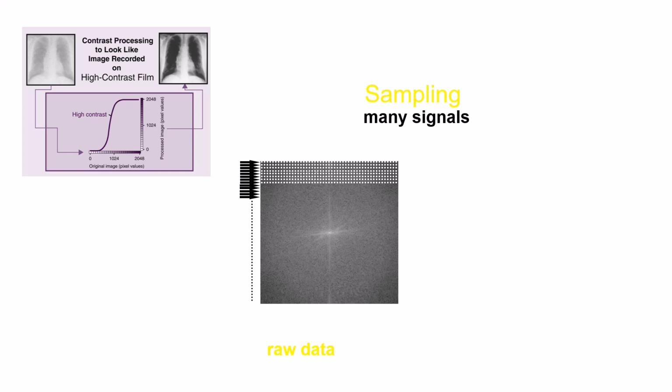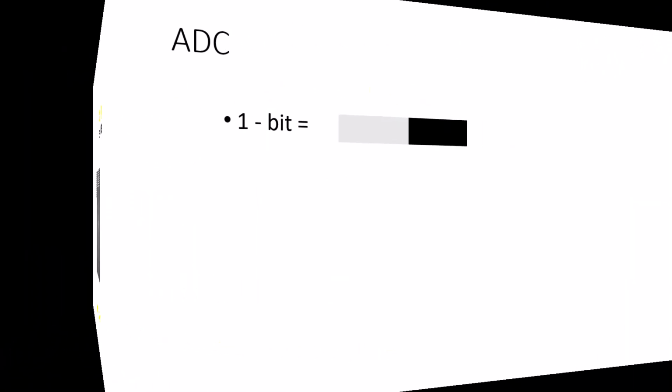We choose which data to utilize, and we do this using lookup tables. Remember, a binary digit is a bit, and one bit has two colors, black or white. 2 bits has 4 colors.